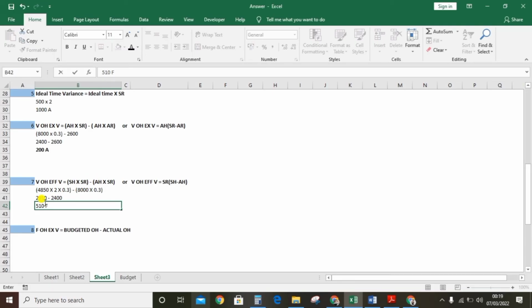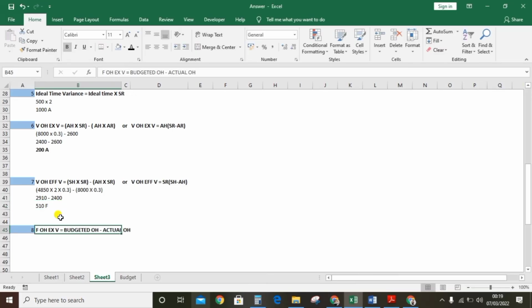So 2,910 is budgeted information, 2,400 is actual information. So we spent 510 less, so that is favorable.